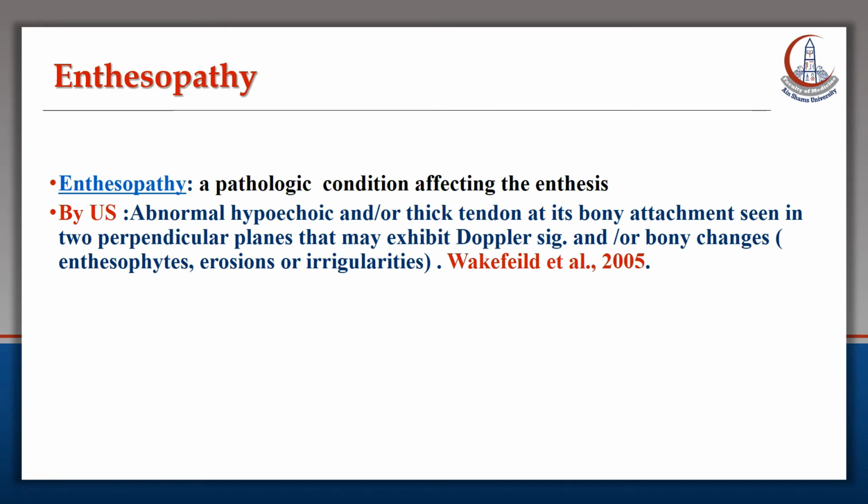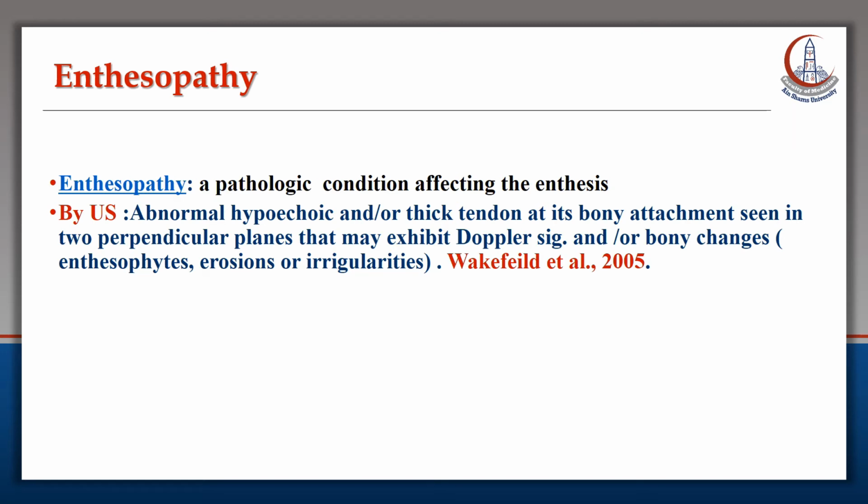Enthesopathy in general means the presence of any pathology affecting entheses. This could be degenerative, traumatic, metabolic, or inflammatory. And inflammatory enthesopathy is known as enthesitis, and this is the hallmark pathology that helps us to diagnose seronegative spondyloarthropathy or axial SpA.